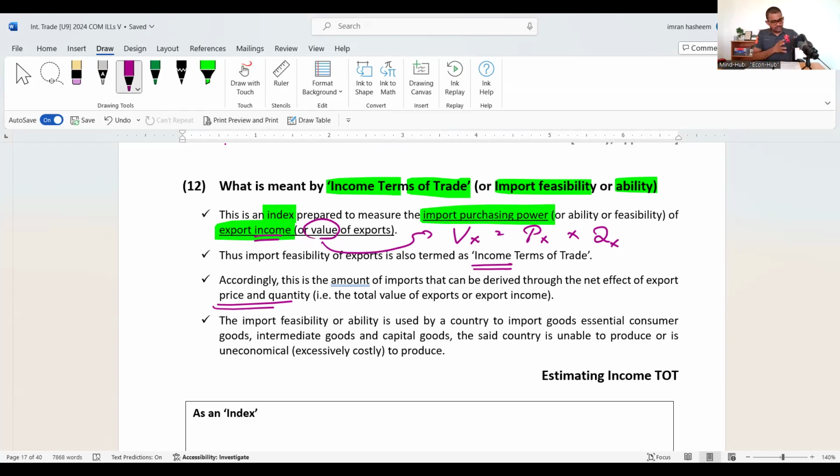Remember what I said? Identify your comparative advantage, specialize on those goods, generate an excess output, export the excess output. With the income you get, now we can say income, with the income you get, import your non-specialized goods, import the goods upon which you have a comparative disadvantage.